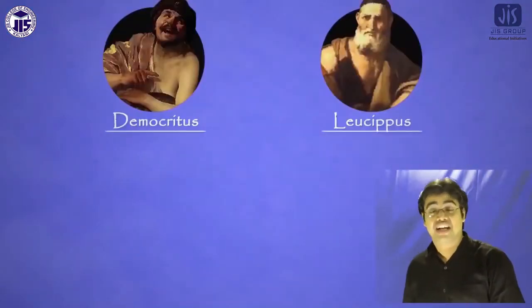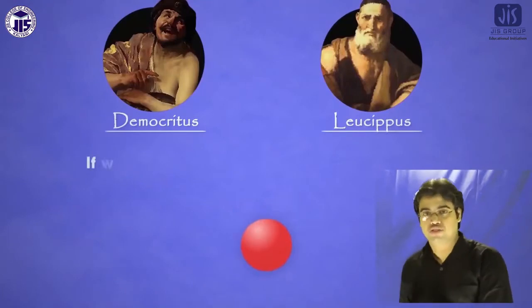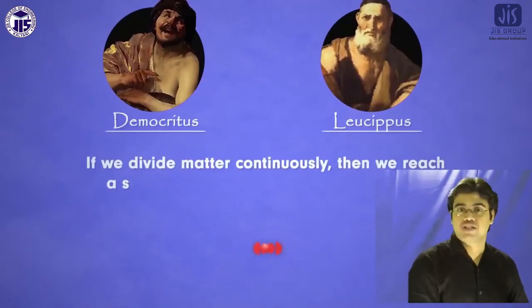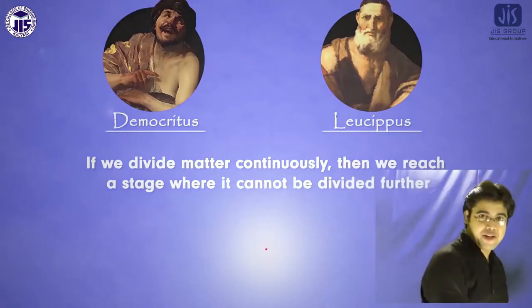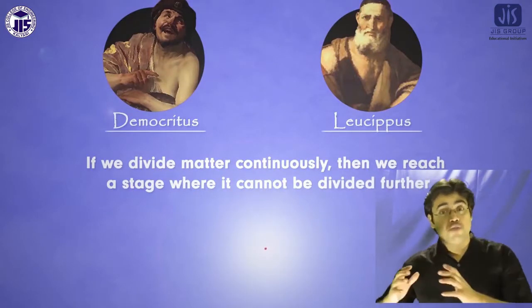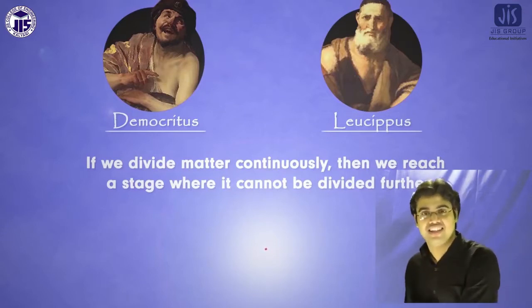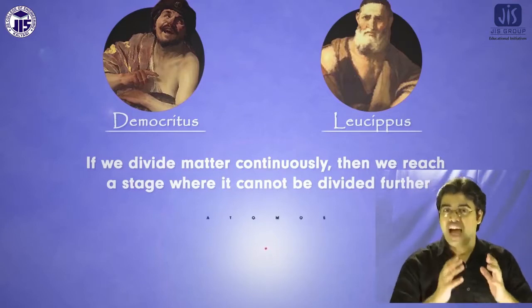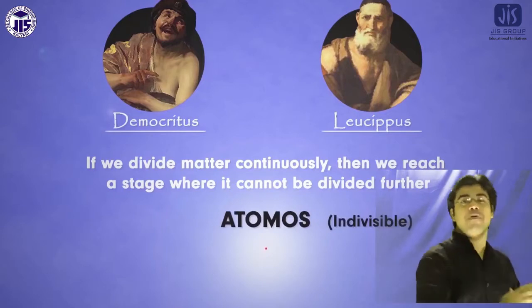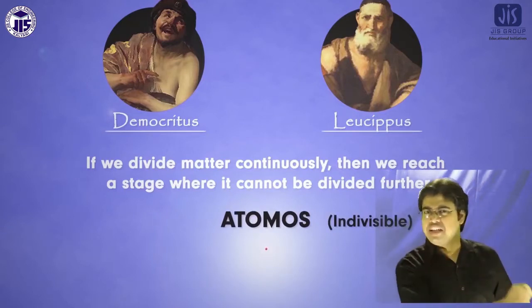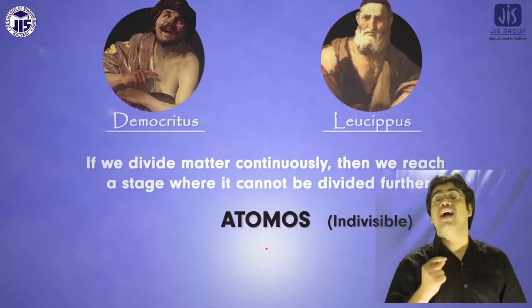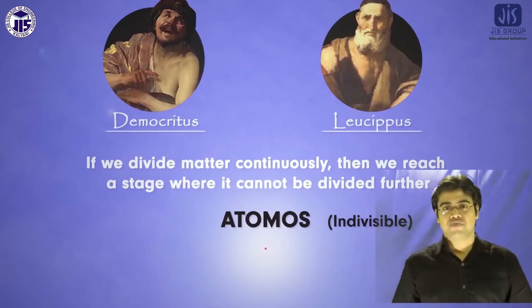After that, two great Greek philosophers came to the field and followed the same pathway that was followed by Maharishi Kanad. They also said that if we keep breaking down matter, there will be some tiny particles which we can't break further.